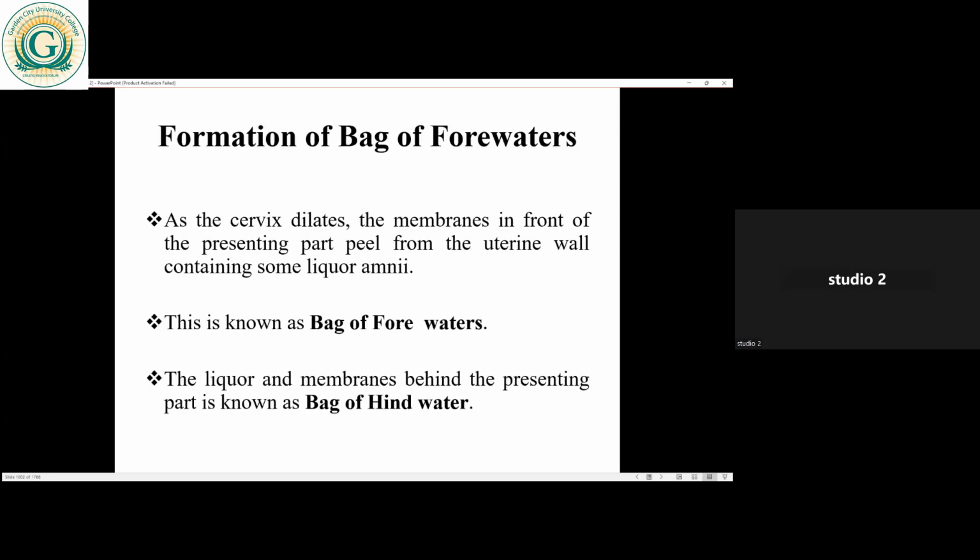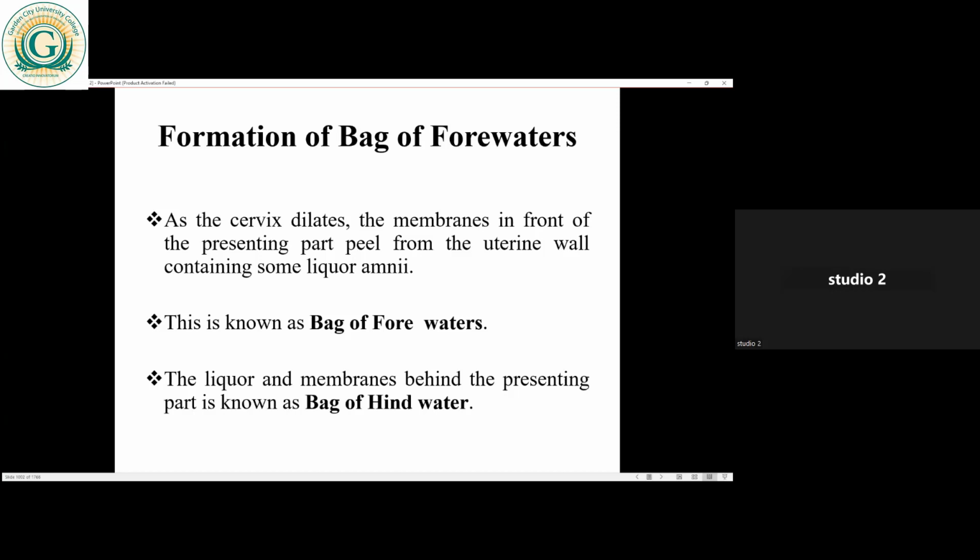Then you have the bag of waters. As the baby is coming down, in the amniotic cavity, where we have the amniotic fluid, you have the baby covered in the bag. There is fluid at the baby's buttocks area, and then fluid at the head area.